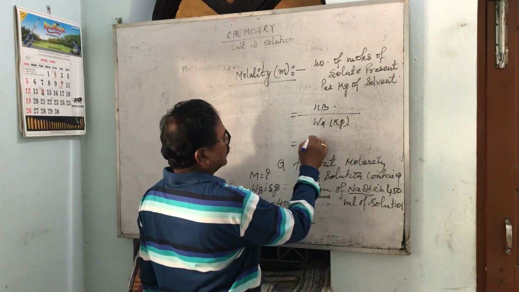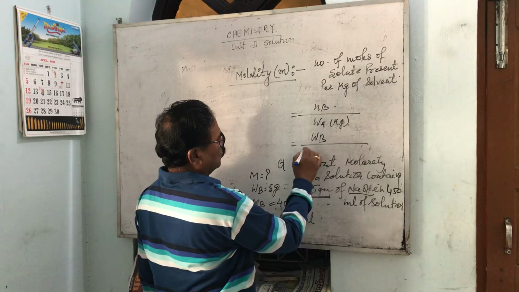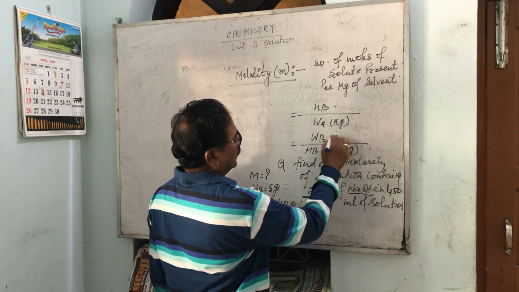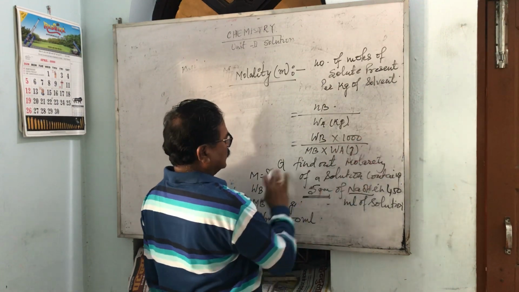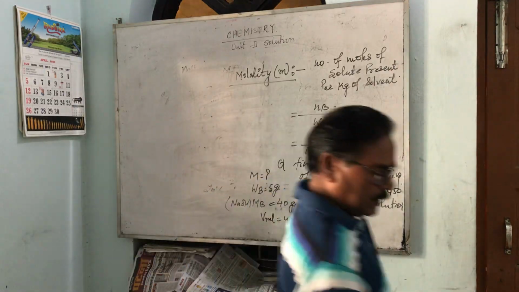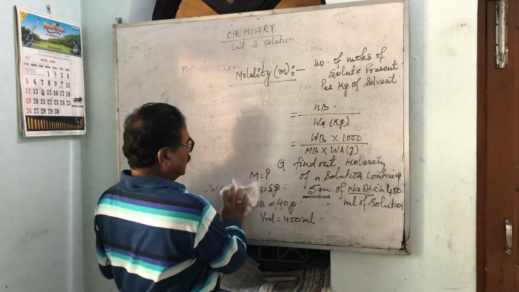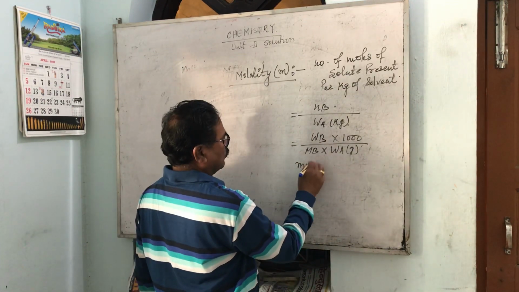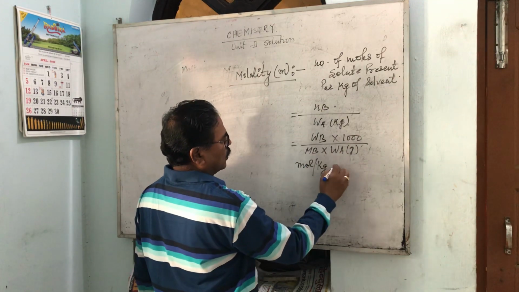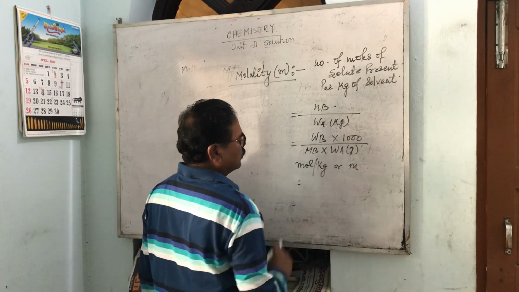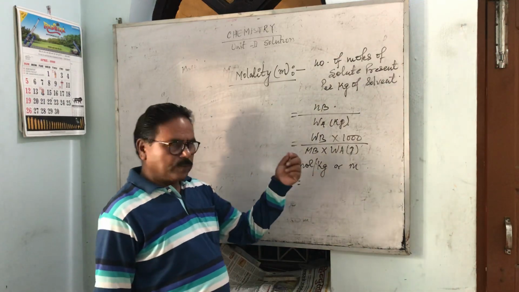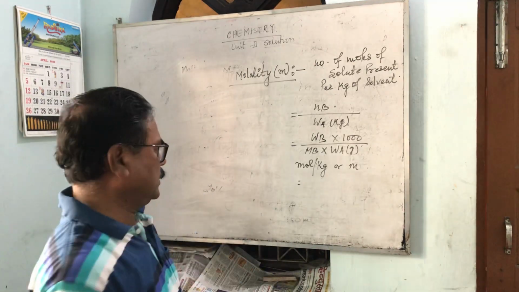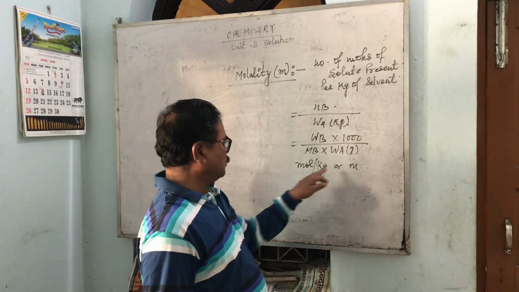If the mass of solvent is in gram, then it can be elaborated as WB by MB into WA, times 1000. What is the unit? That is mole per kg, or m. Find out the numerical value and write its unit, because the unit is the measure factor. So with the numerical value, the unit is mole per kg.